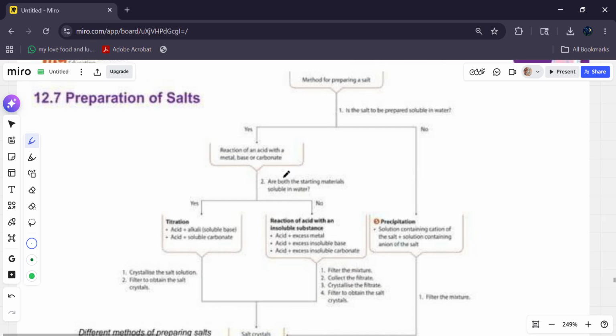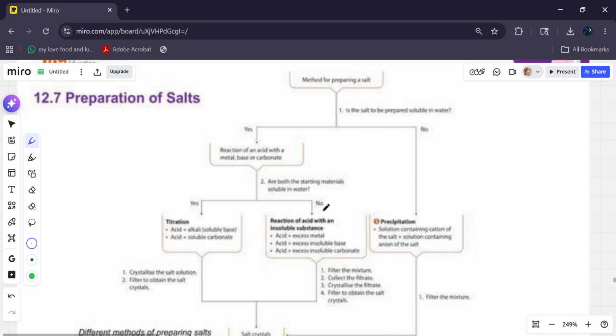If yes, we use the method of titration, which is acid and alkali, or acid plus soluble base, or acid plus soluble carbonate, then crystallize the salt solution, or filter it to obtain the salt crystals.